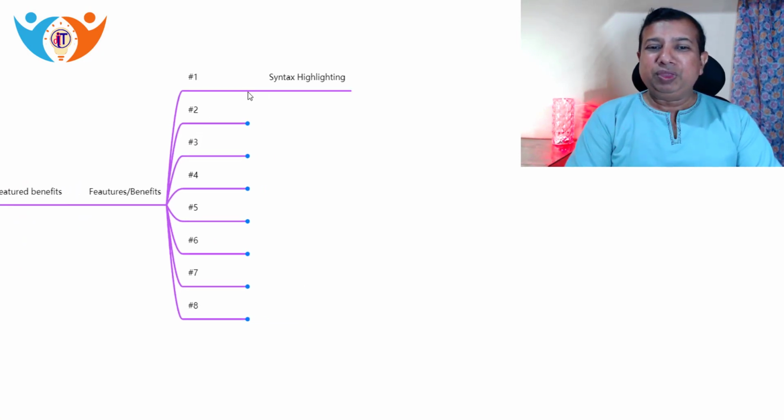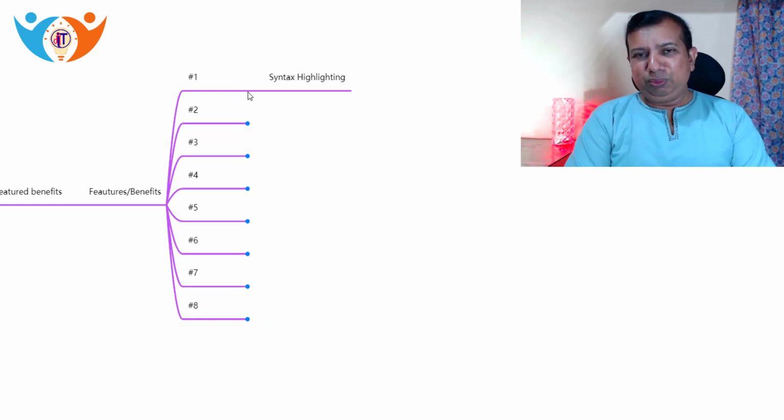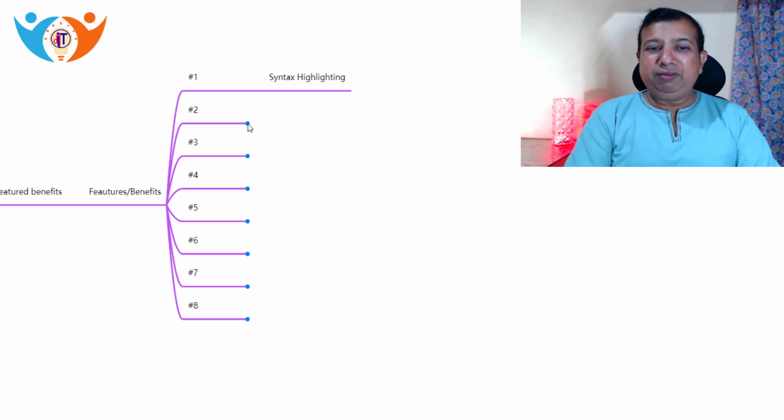The number one is syntax highlighting. Every code editor has its own process to highlight your syntax so that it is easy for a developer to understand what he or she is typing. The second one is code automation. For example, when you start opening a curly bracket, automatically it adds the closing curly bracket.